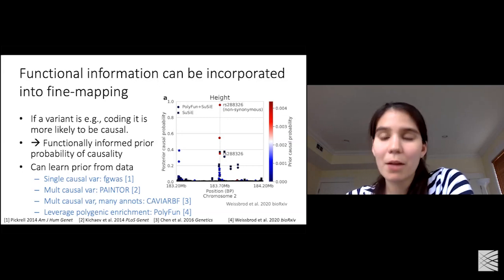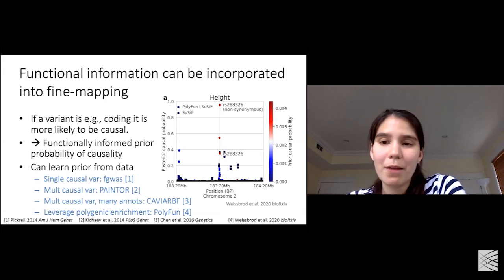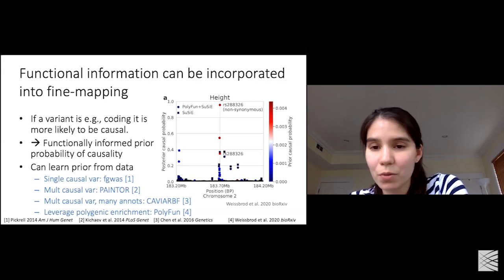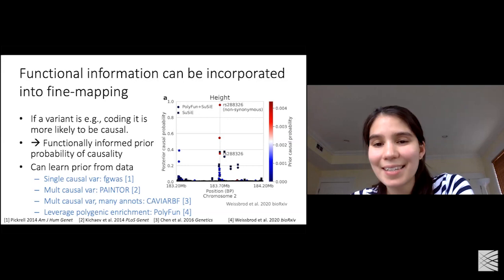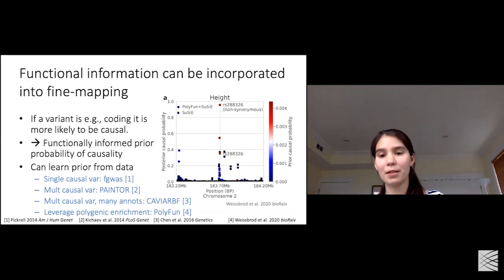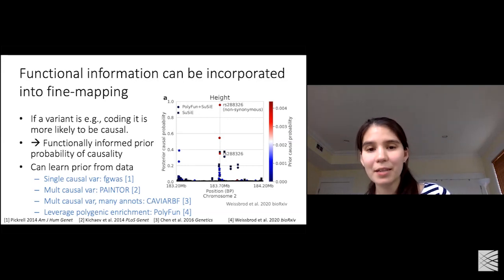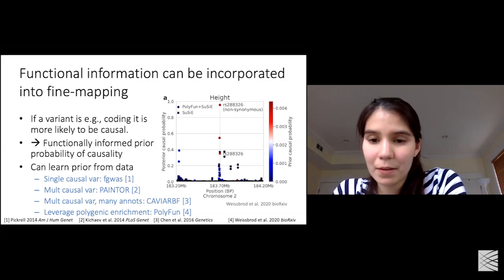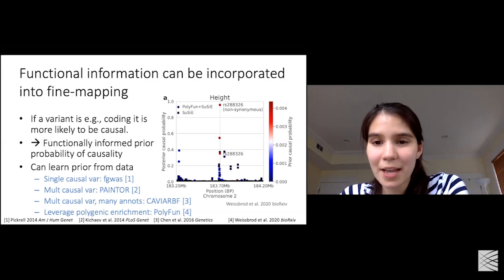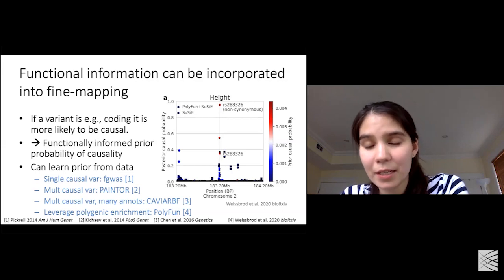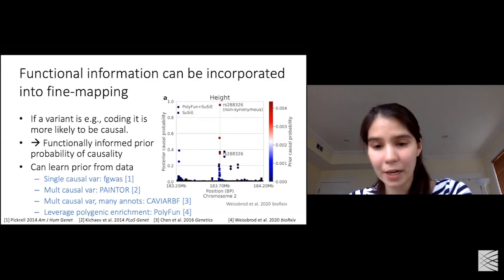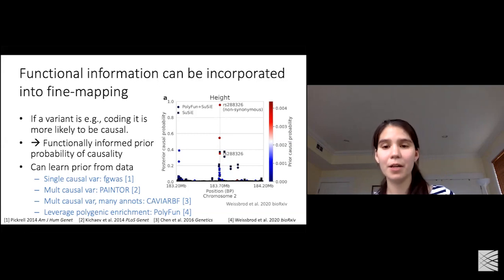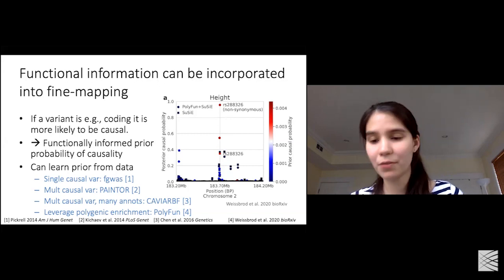Sometimes it can be useful to say, I haven't incorporated the functional information yet, and so then I can do, for example, enrichment analyses. But I think that especially as these methods become more efficient and robust, as they have recently, this is going to be an important direction as well, a very useful type of information to be incorporating into fine mapping.